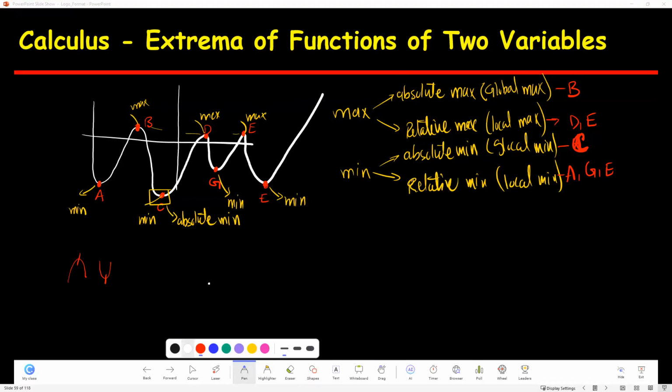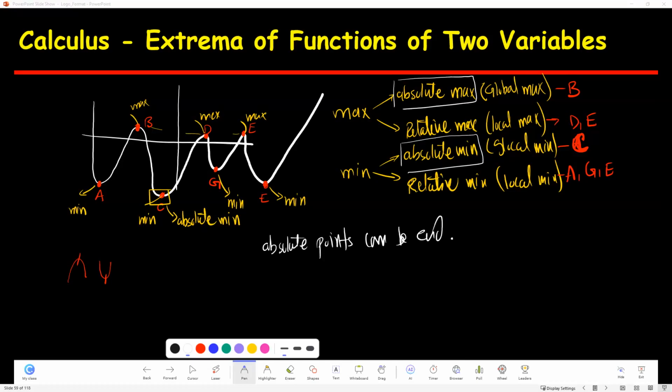Okay, let's treat absolute a little bit differently. And I'm going to say the absolute point can be endpoints of the curve.